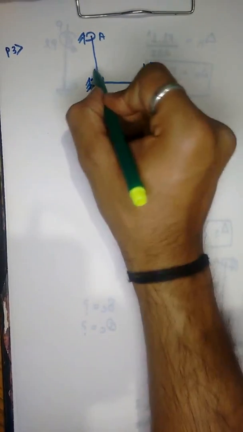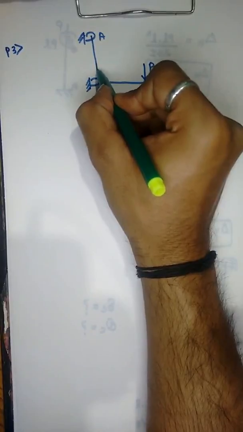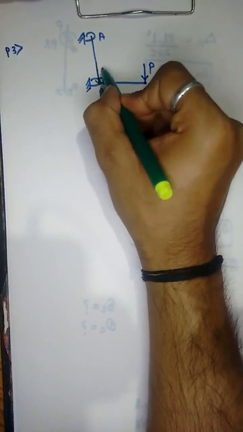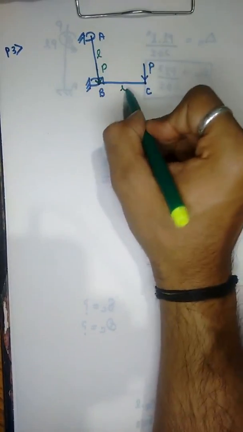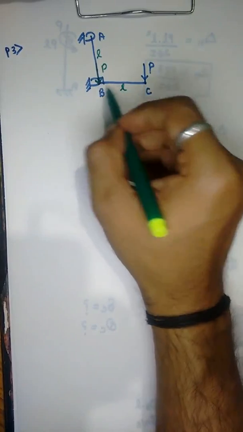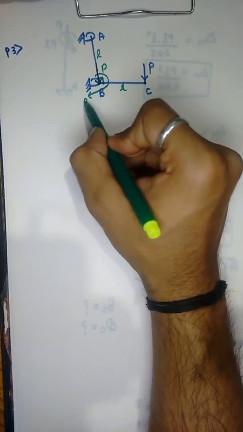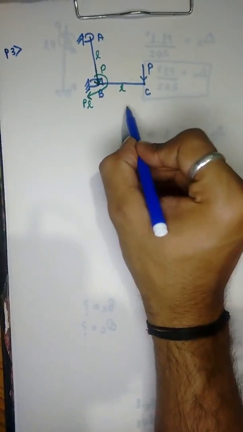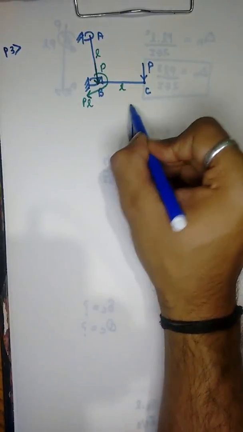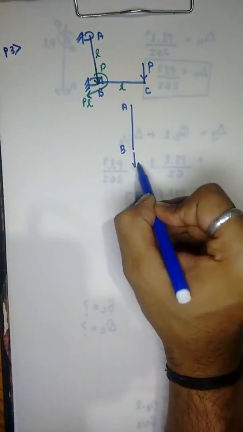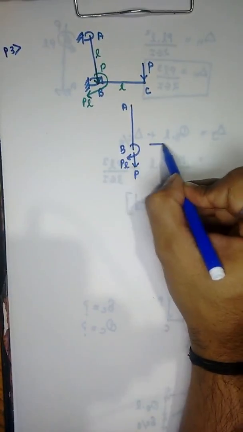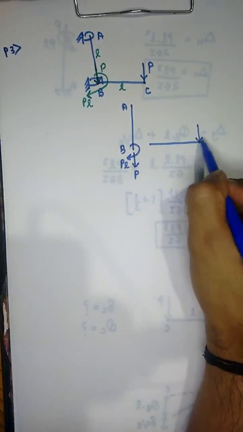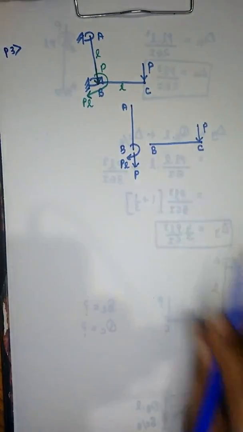To shift this point load P, we get a point load P in the vertical direction and a moment equal to P into L, where this length is L and this length is L. This is A, this is B. Here we get a point load P and a moment equal to PL, and in the horizontal region we have a point load P. This is B and this is C.